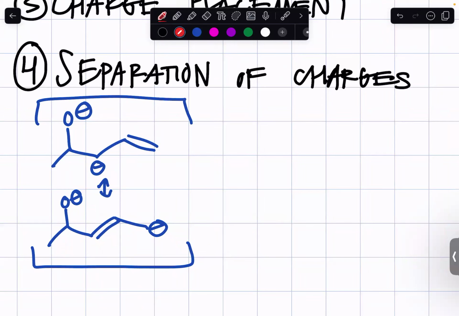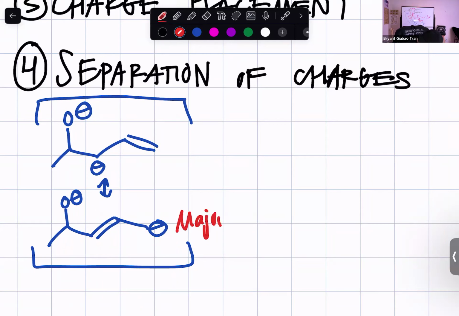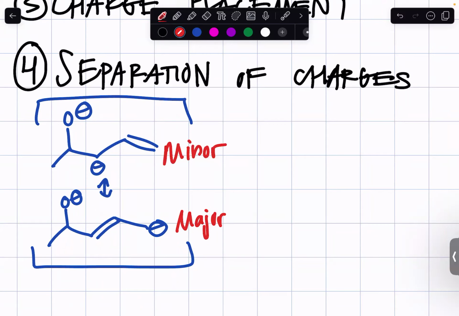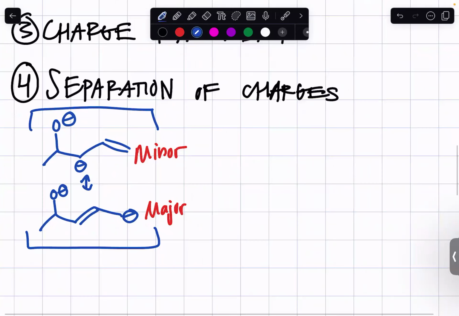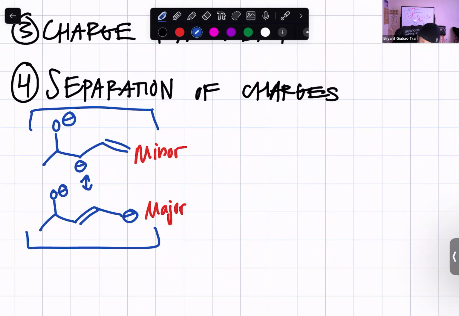The major is the bottom one and the minor is the top one, because like charges repel each other. They want to be as far away as possible from each other if they're the same charge. That's right.